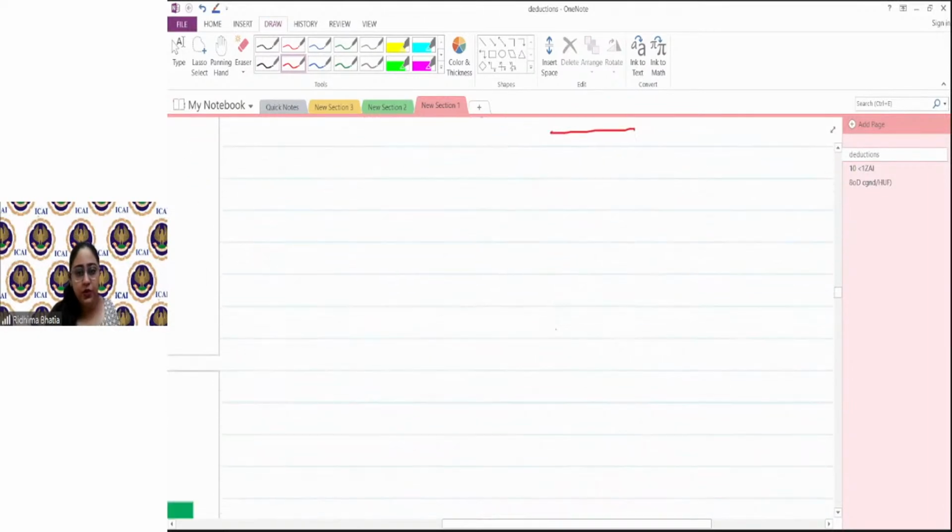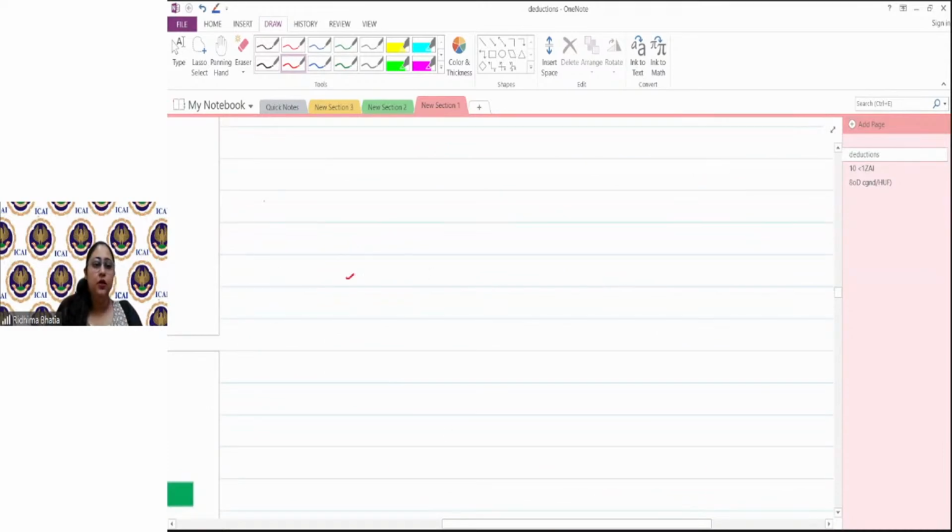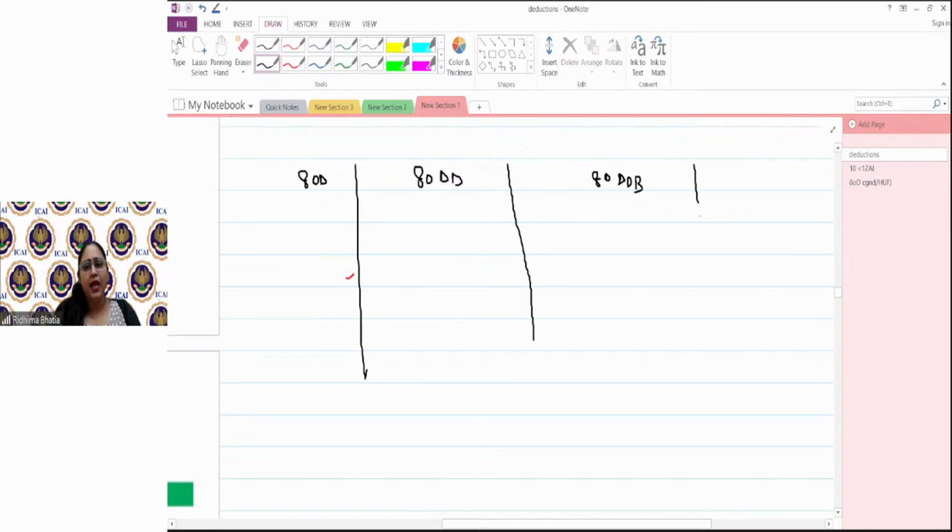So before we proceed to the questions, let's make a comparison so that you people do not get confused. 80D, 80DD, 80DDB and 80U. Here, in 80D, what is the criteria?